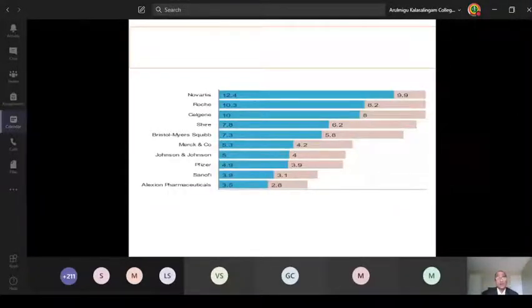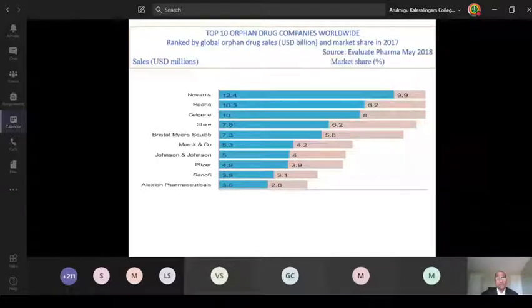In this slide, mainly the top 10 orphan drug companies worldwide. Orphan drugs are the drugs meant for the treatment of rare diseases, particularly autoimmune diseases, cancer drugs or diabetes, which are very rare. If you see the predictions by 2024, the main players are Novartis, Roche, Celgene, Shire.